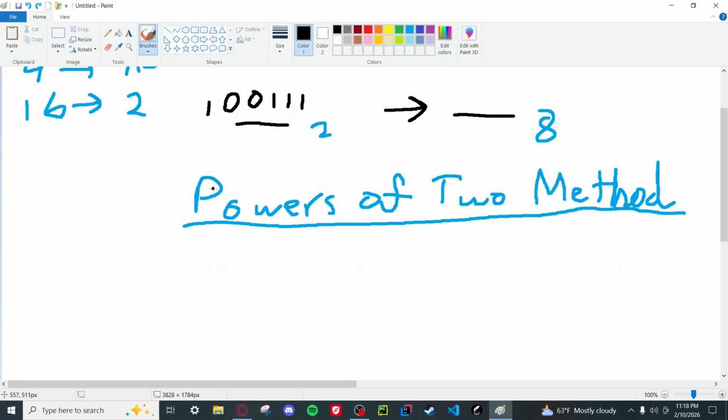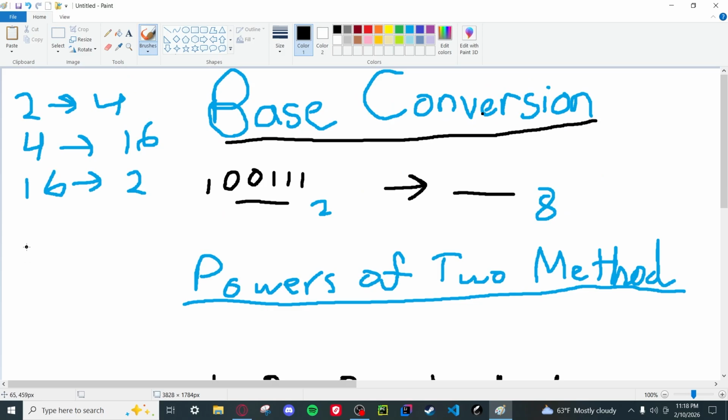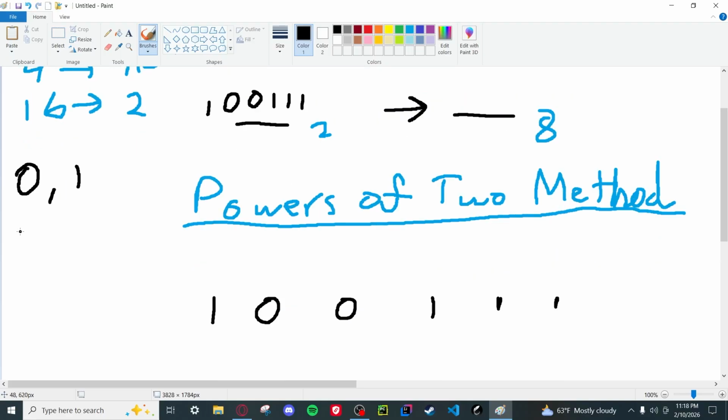And here's how we approach it. Let's write out a number, and I'm going to write them as individual digits. And we want to chunk these numbers into groups, okay? Why is this the case? This relates to the principle that in base 2, what we talked about earlier, base 2 can only store zeros and ones. However, base 8 can store 0, 1, 2, all the way up to 7.